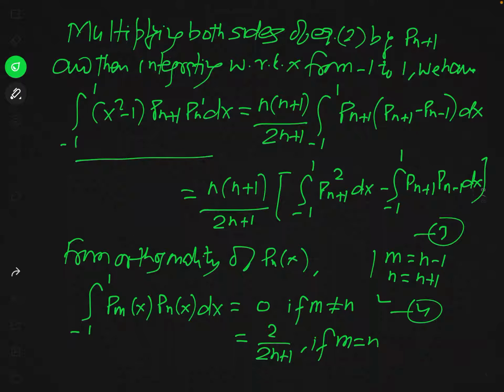So in the first term, you can see that there is P_{n+1} squared. It means here m is equal to n. And in the second term, there is P_{n+1} into P_{n-1}. So in the second term, in fact, m is not equal to n. So here, when we use the orthogonality property of Legendre polynomial, then simply this second integral will vanish.